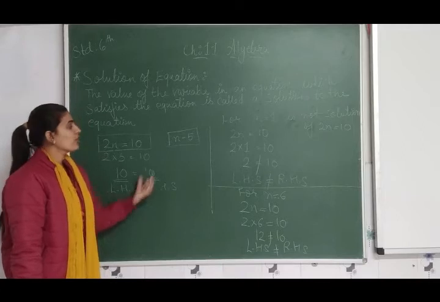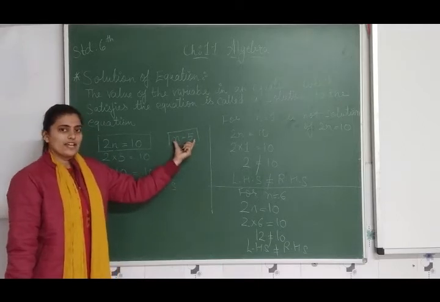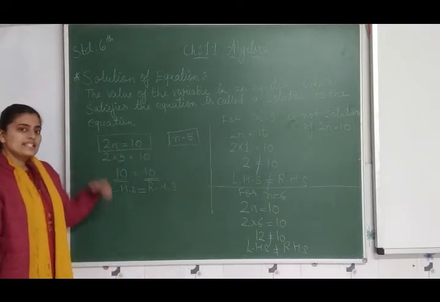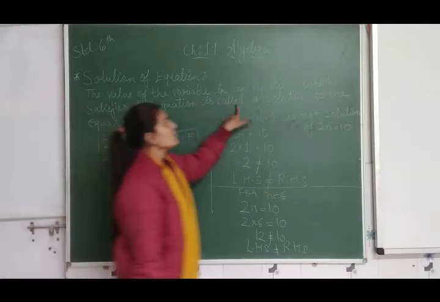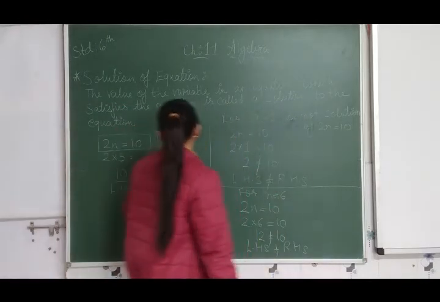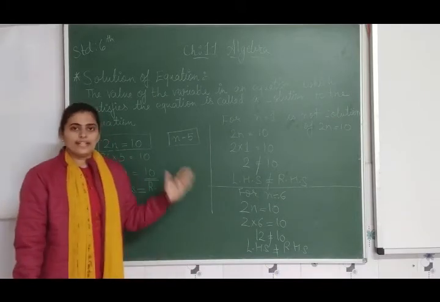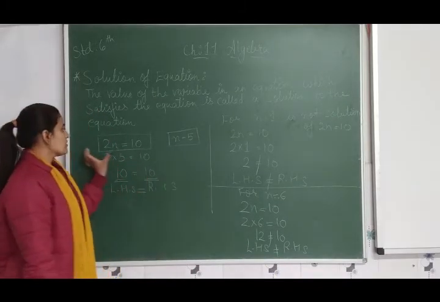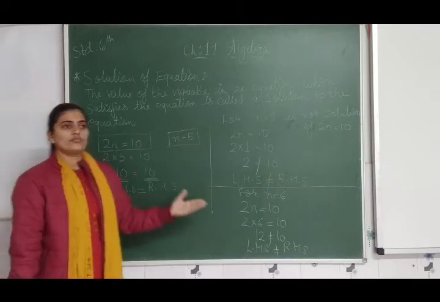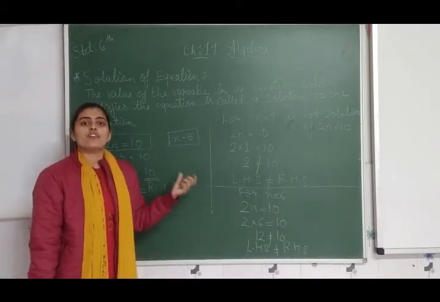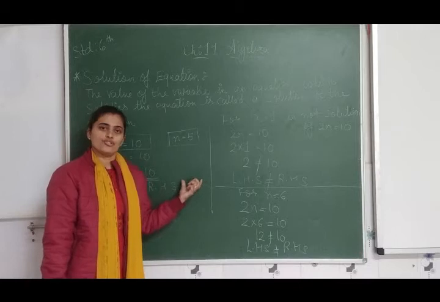That means for n equals 5, this equation is satisfied, and it is called the solution of the equation. You can take different values, put them in the equation and find out for which value of the variable it is the solution of that equation.